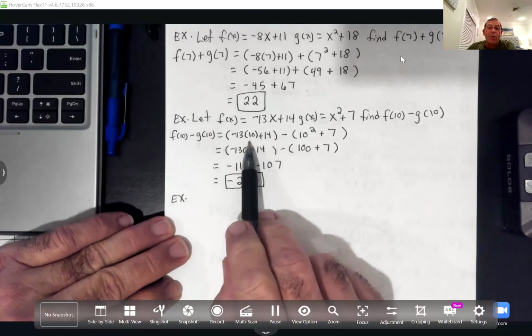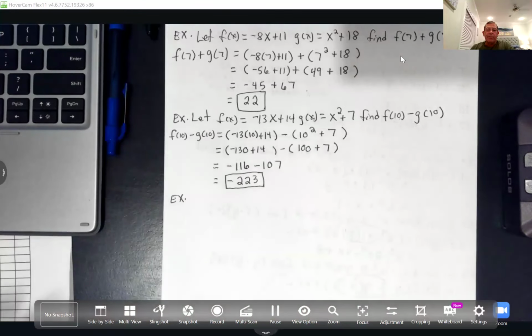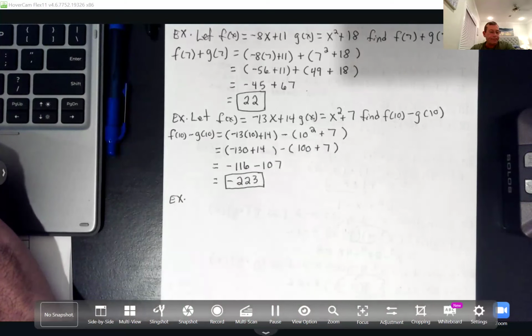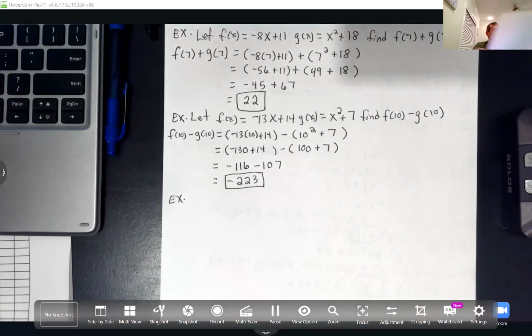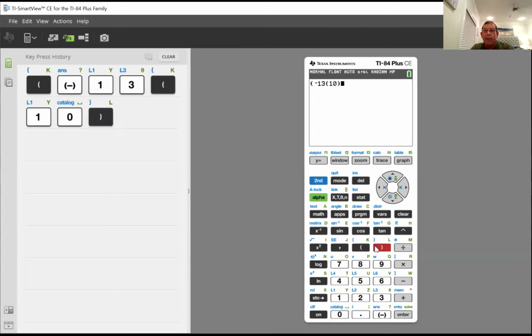Now, I'm not going to lie. At this point, you could have thrown that in your calculator, and it would have spit it out quick. So let me show you. Let me pull my calculator up. All right, so I'm going to share the calculator. So at that point, when I had my parentheses, negative 13 times 10. So I'm going to use some parentheses for the multiplying there.